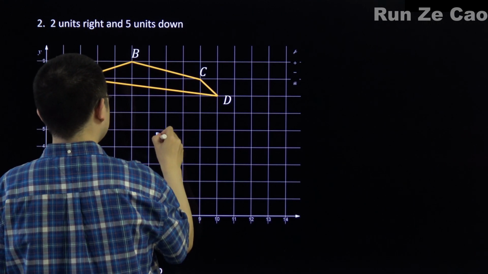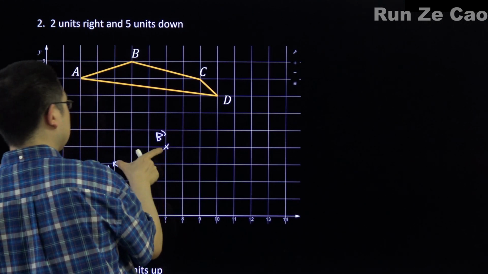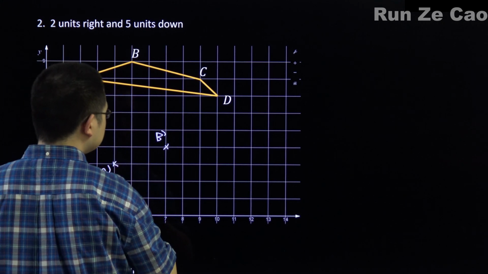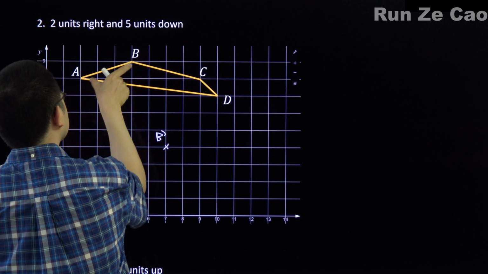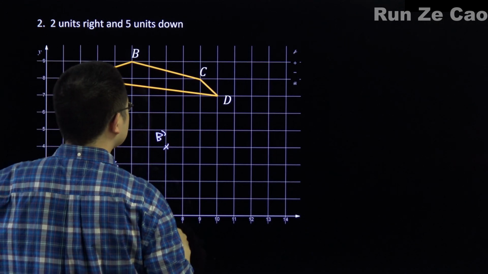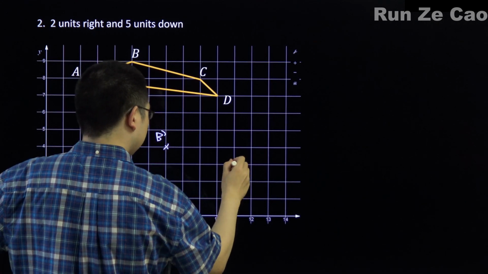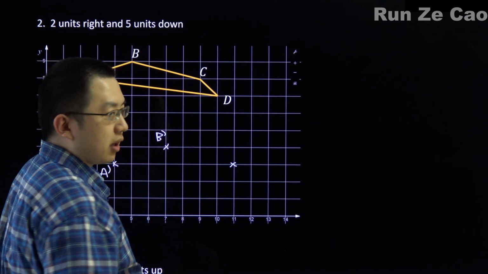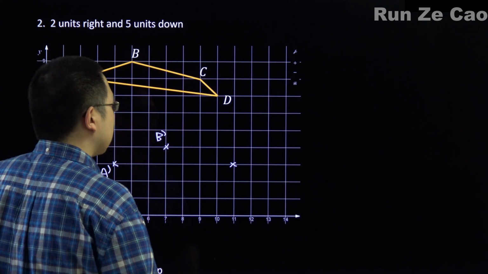So B prime, oh hey, it's 3 over and 1 up from A prime, just like B is that much from A. Okay, good. We're not making any problems yet. Or at least if we made a mistake, it was consistent.